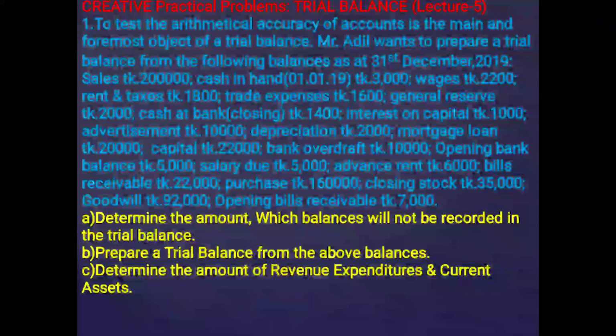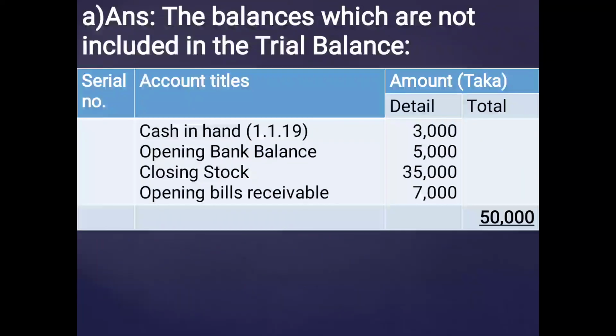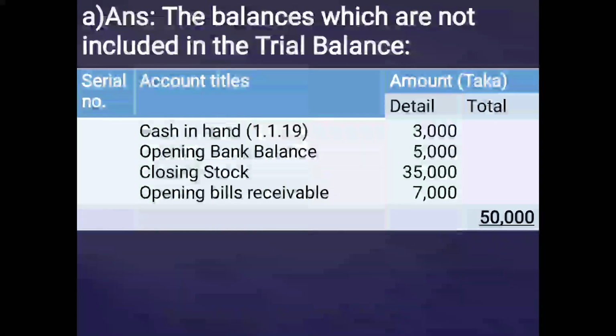At first, requirement A, determine the amount of balances which will not be recorded in the trial balance. Dear learners, at first you have to draw a new format for requirement A: the balances which are not included in the trial balance. Dear boys and girls, in this stem, totally 4 items are not included in the trial balance.